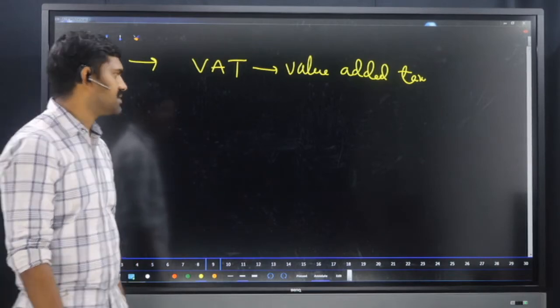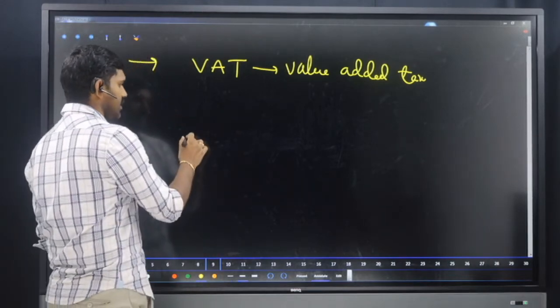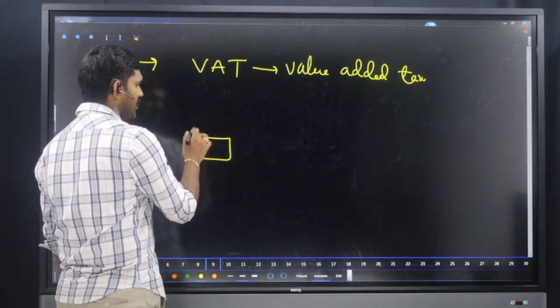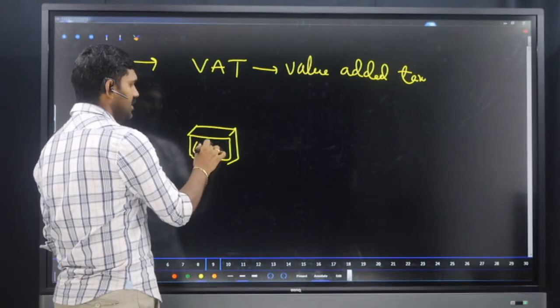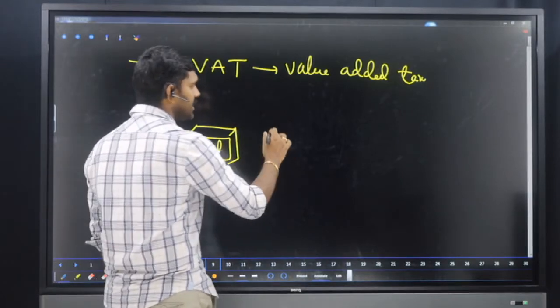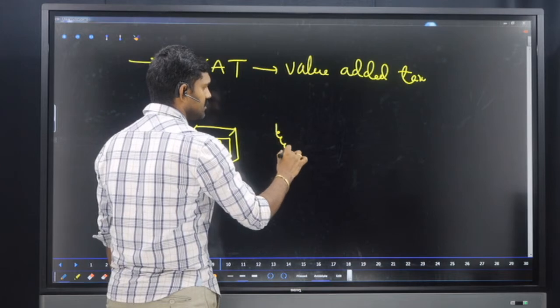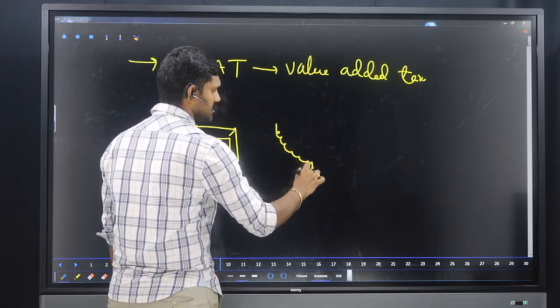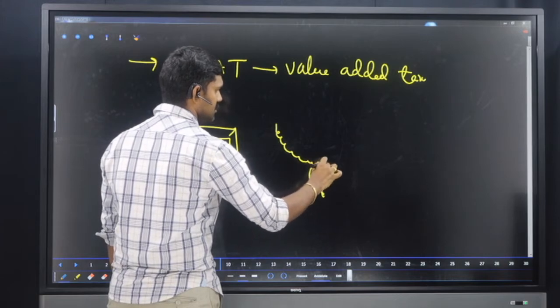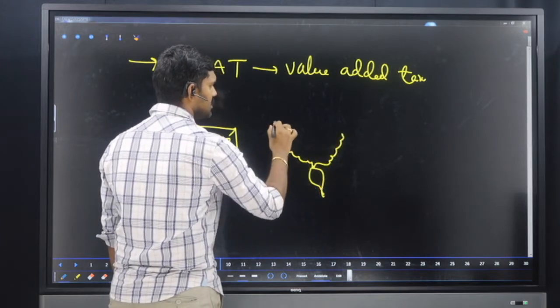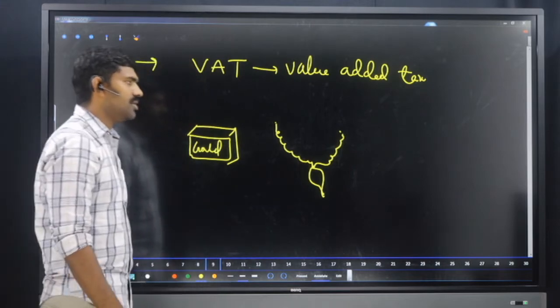Means what? For example, gold is generally seen in the form of bars, right? Now this gold bar is taken and converted into an ornament. This is an ornament.